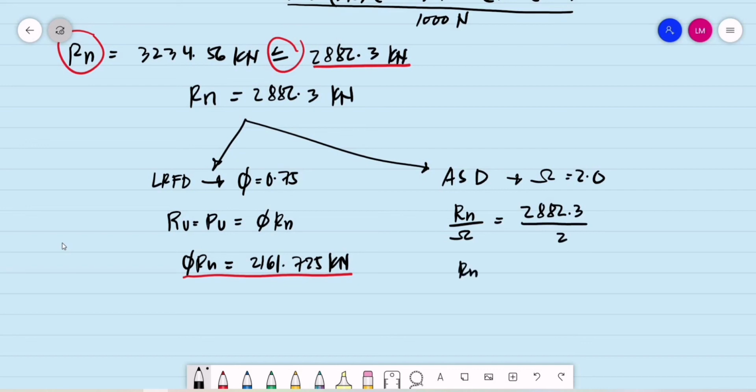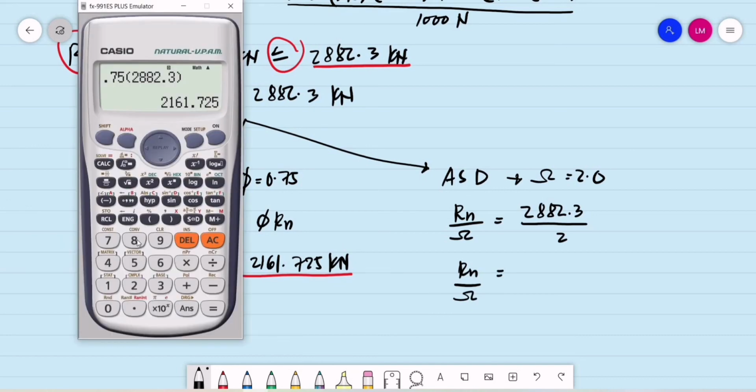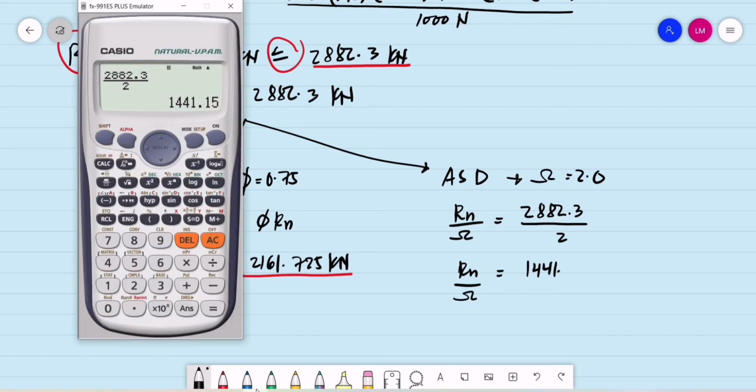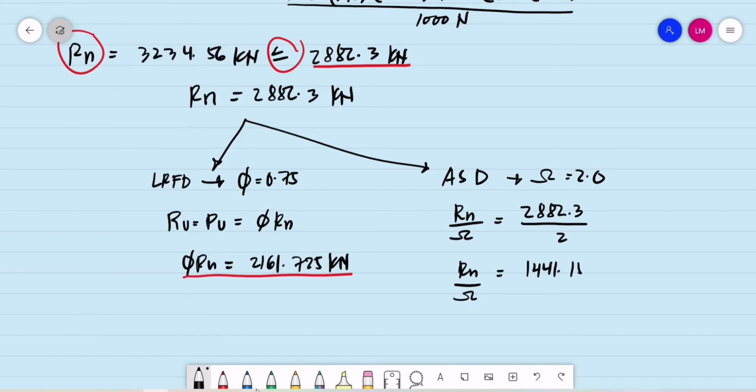So you have Rn divided by omega is now equal to 2882.3 divided by 2. That is equal to 1,441.15 kilonewtons. So these are the values under the block shear strength.